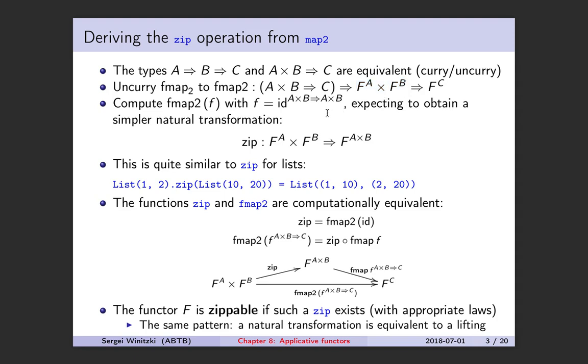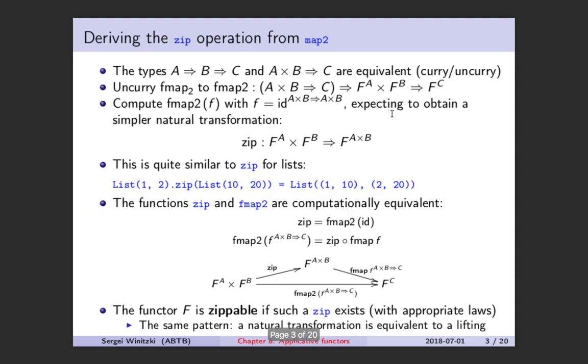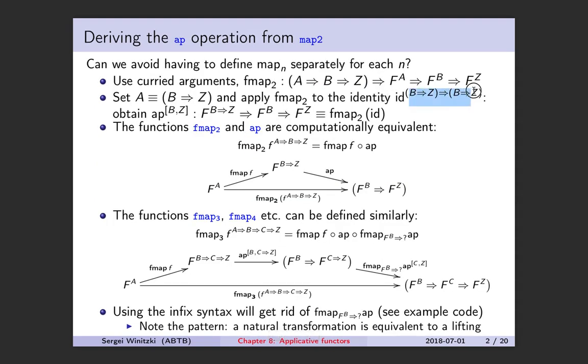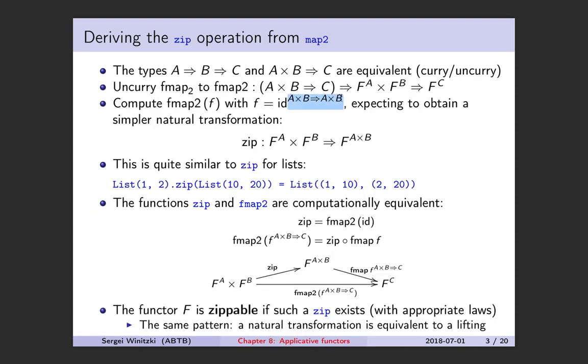So now let's do the same trick we did in the previous slide when we substituted an identity function into this Fmap2 in order to obtain a simpler natural transformation. So in this case, the identity function will be of this type rather than what we had before. What we had before was this type, but we uncurry now. So instead of a function type, we'll have a tuple type, like this.